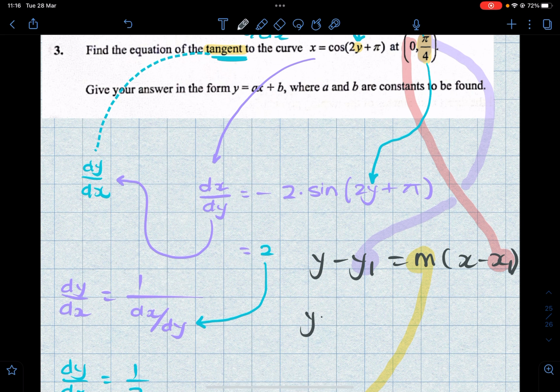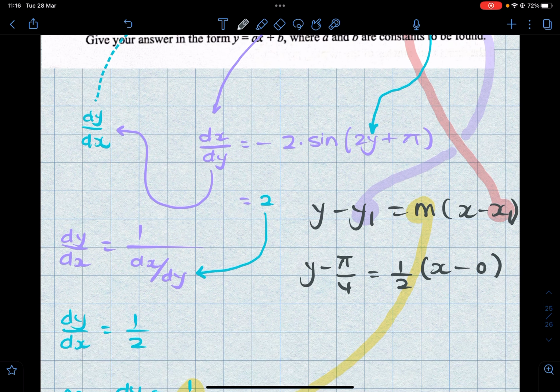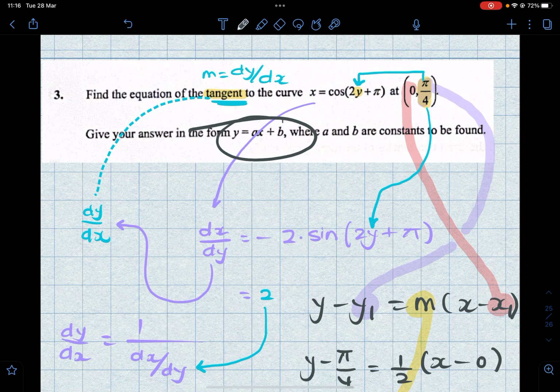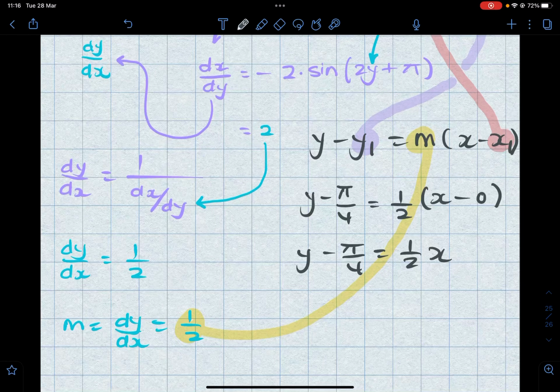So you have y minus pi over 4 equals 1 over 2 times x minus 0. So y minus pi over 4 equals half x, and they want it in this form, y equals ax plus b, so you can say y equals half x plus pi over 4.